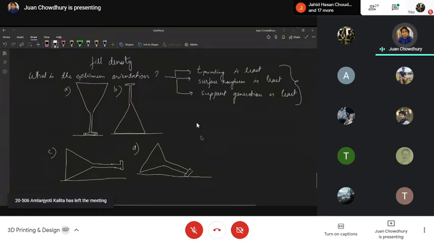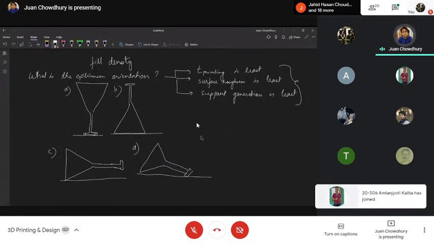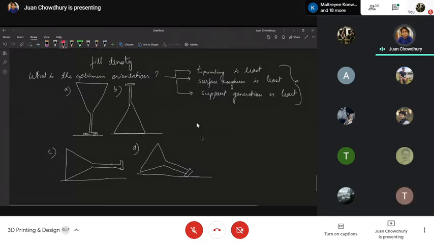Say in this case, of course, A is absolutely evident that we will need supports throughout the structure. Then definitely by intuition we can say that A would be the most unlikely orientation that we will carry out.